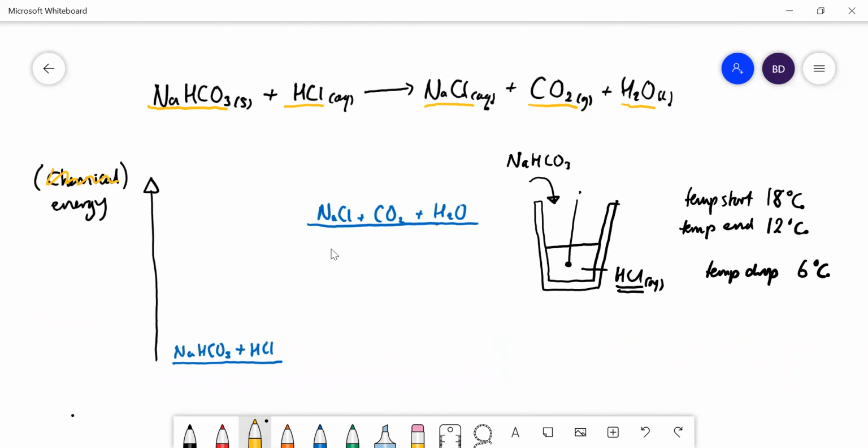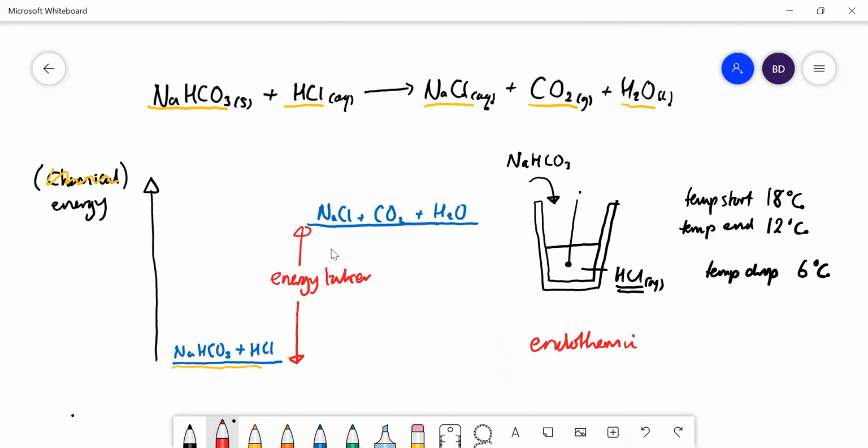It starts off at a lower level, here's your sodium hydrogen carbonate and hydrochloric acid, and the products end up with more chemical energy than they started with. That amount of energy is the energy which has been taken in. This is an endothermic reaction, so that's the heat energy which has been taken in.